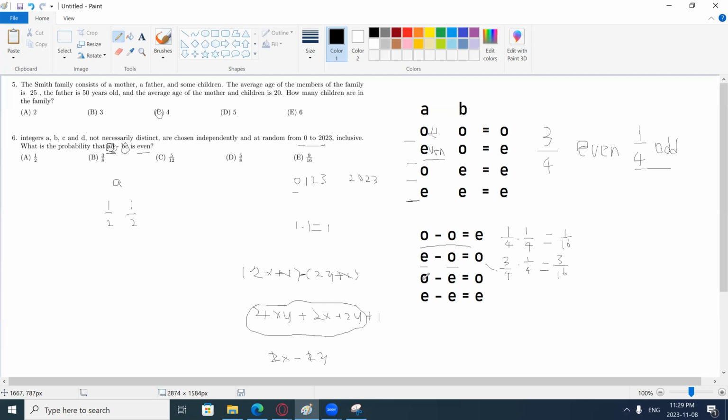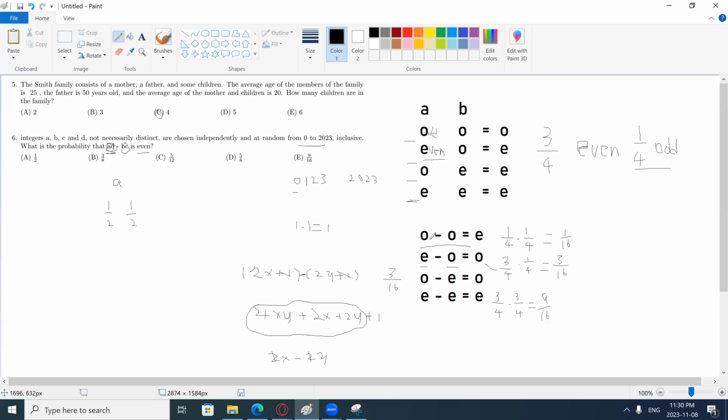And this one is also 3/16, using the same logic, because this is 1/4 and 3/4. And this one would be 3/4, an even, and another 3/4, which is 9/16.